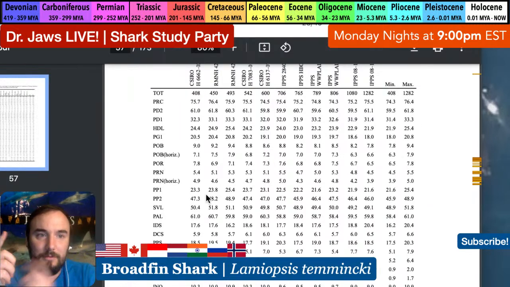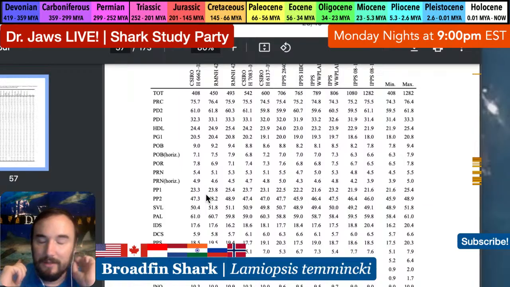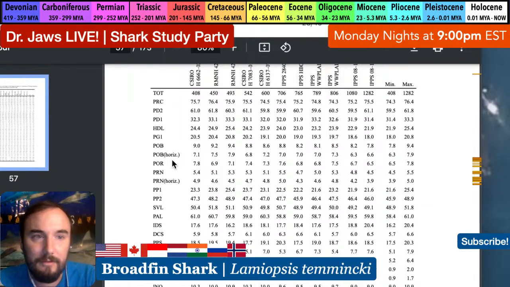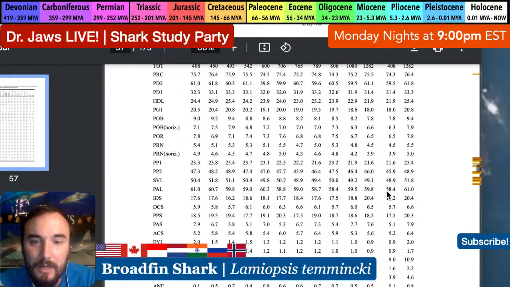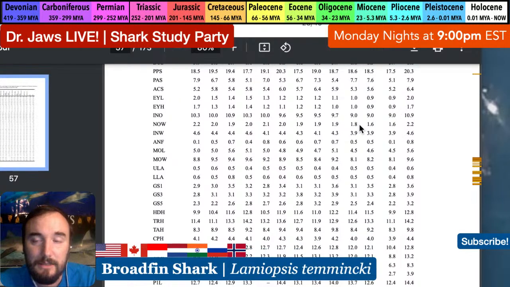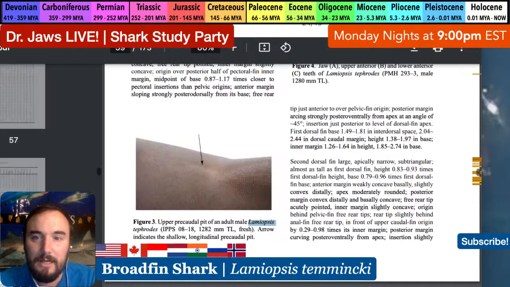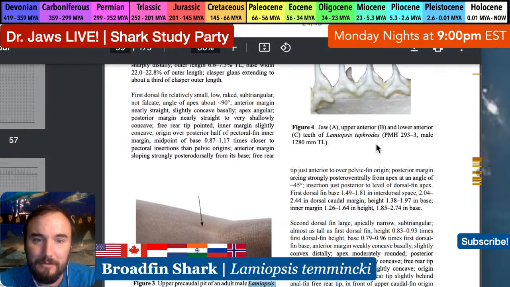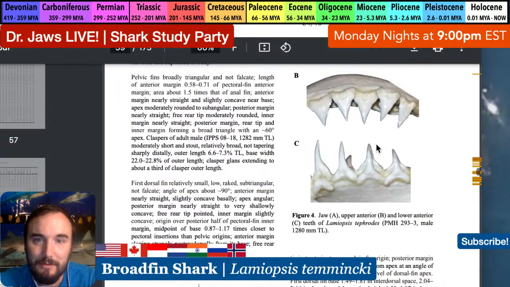Literally the distances between how the eyes relate to the gill slits, or the distance between the two dorsal fins. These are all the distances recorded in this table of measurements. So in the end, it's very helpful when you get to this nitty gritty of how do you determine a species. But for a live stream, it's a little much, so we won't go into that in detail.